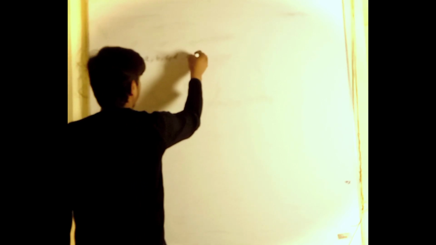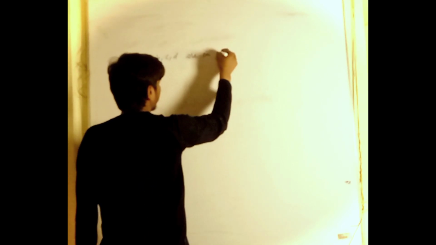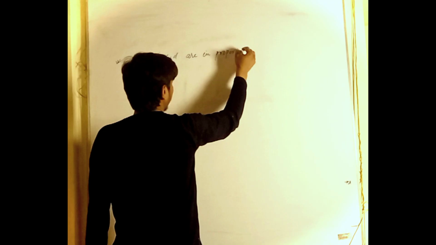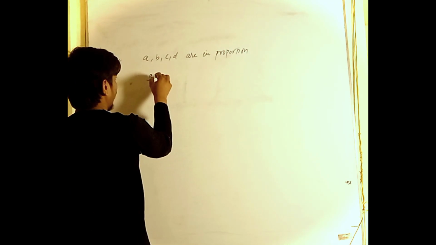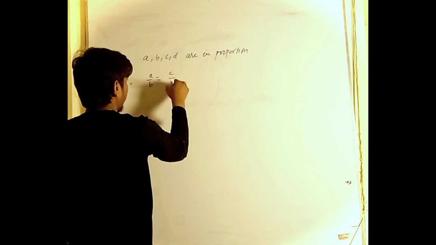As we know, if we have any numbers like a, b, c and d, and these numbers are in proportion, then the ratio of the first two is equal to the ratio of the last two.